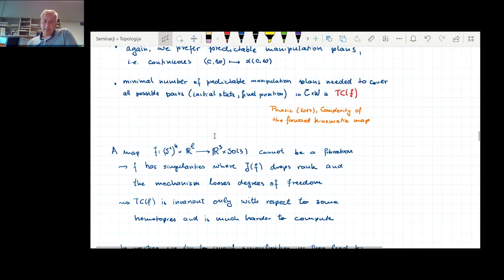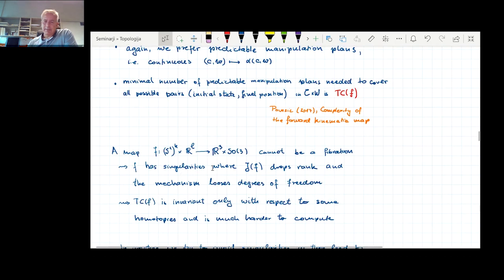And one of the important consequences of this is that the topological complexity of a map, unless the map is a fibration, but usually it is not, is invariant only to some restricted kind of homotopies and not to all homotopies.